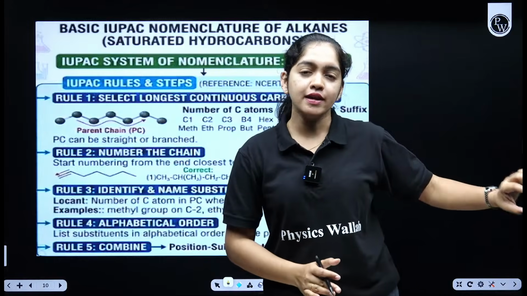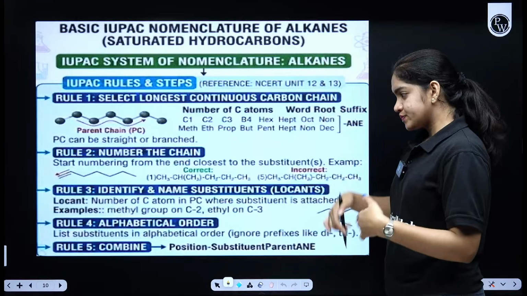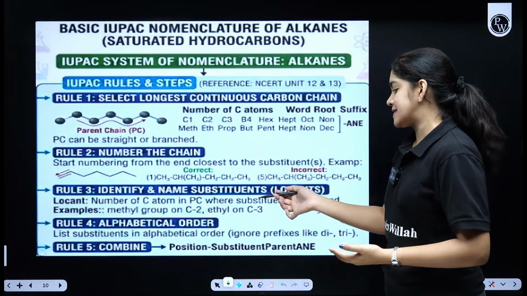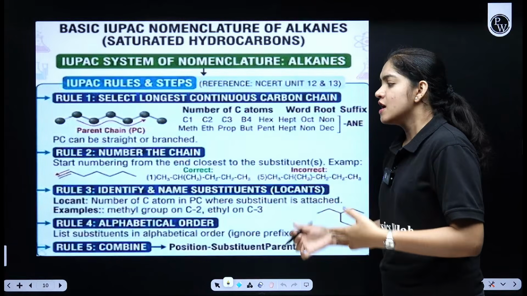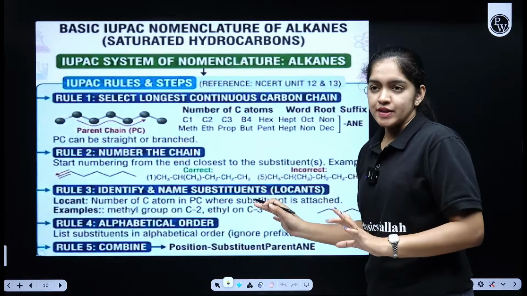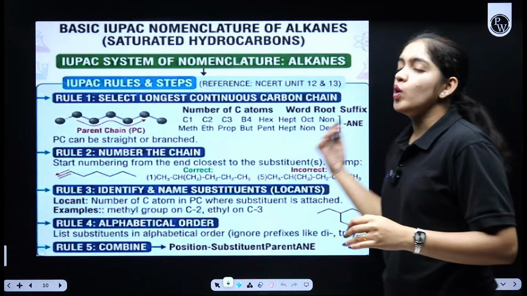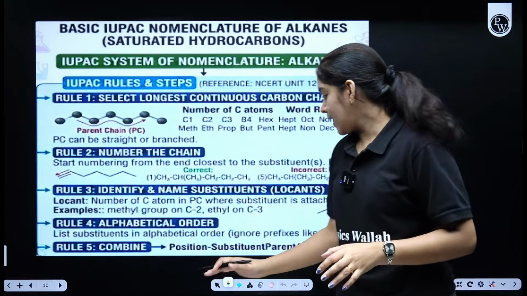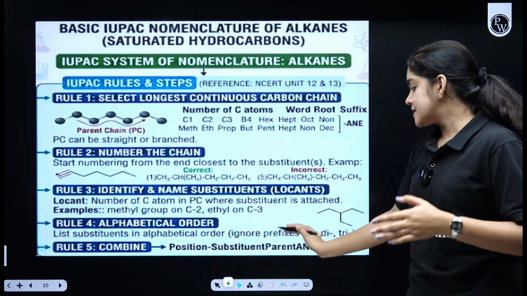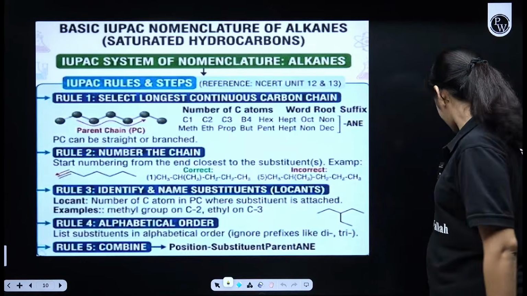Up to that you can number. Okay, then after numbering, identify and name the substituents. That means locants. If there is any branch, we should identify and number them, and they should get the lower number. That we can do. Okay. Then next one, follow the alphabetical order and write the name like position, substituents, and end with A and E. That we can do.